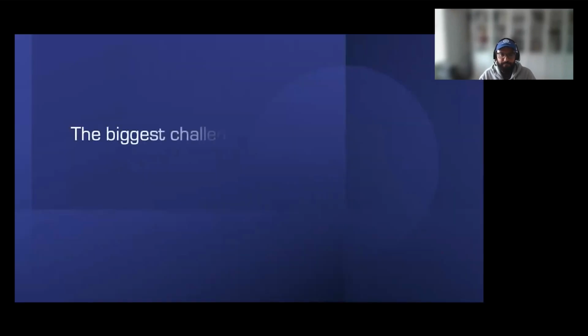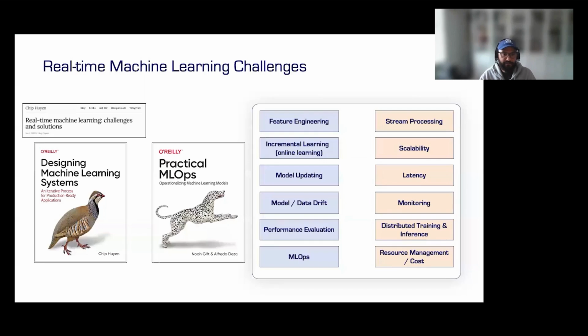If I move on to the next part of this presentation, I want to list and discuss a few challenges that are faced by data teams. And when I say data teams, I mean it in a more generic way: people or professionals involved around ingesting the data, building the platform, building models, and serving these models to solve real-time machine learning problems.